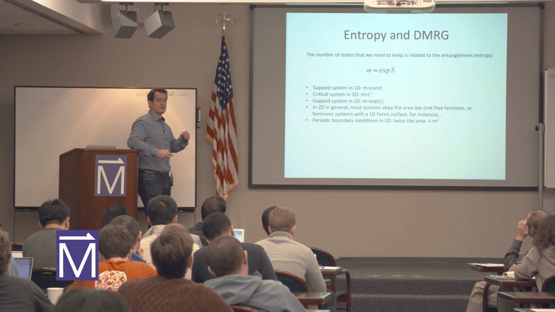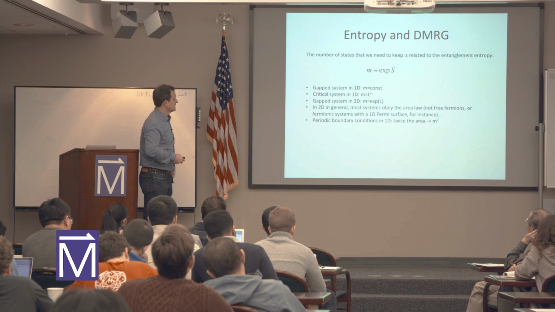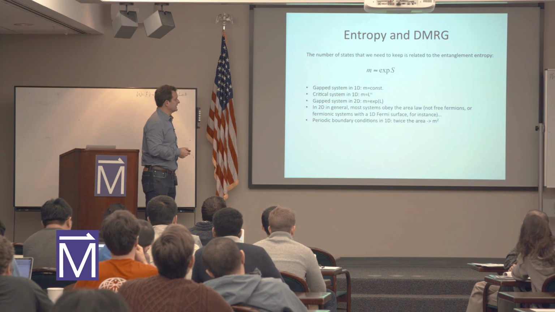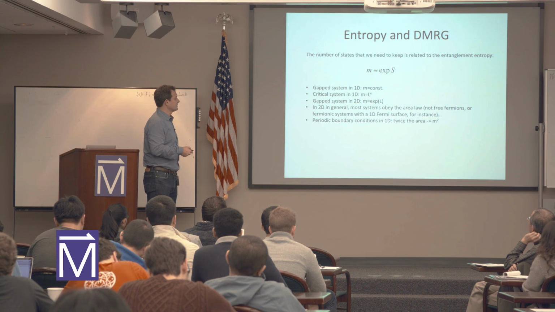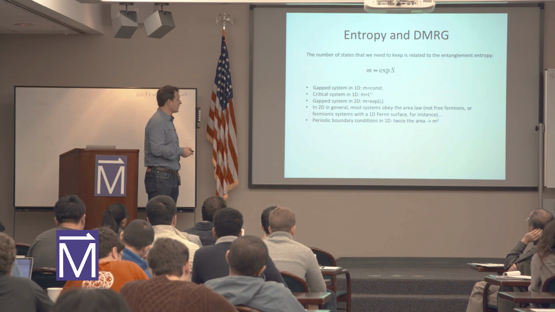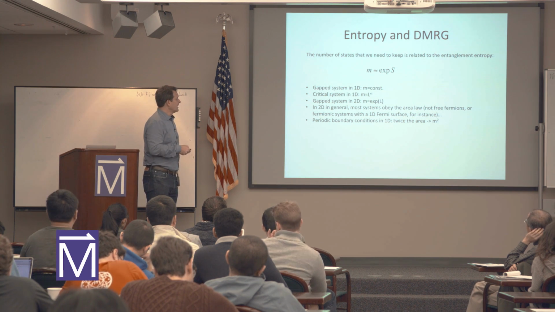So if your block length is larger than the correlation length, the entanglement entropy saturates, and the number of states that you need to keep is constant. For a critical system in one dimension, it becomes proportional to L to some power.